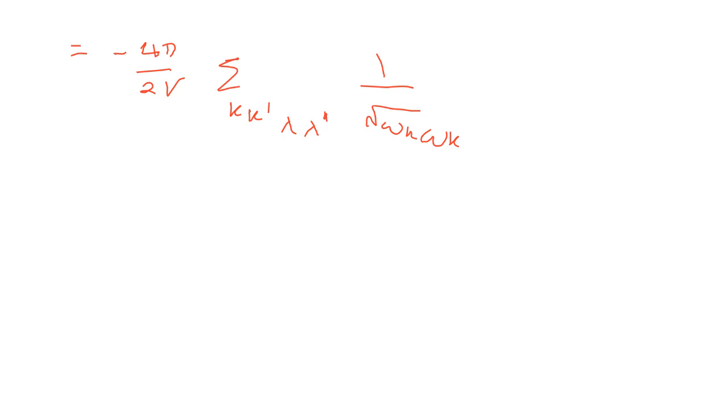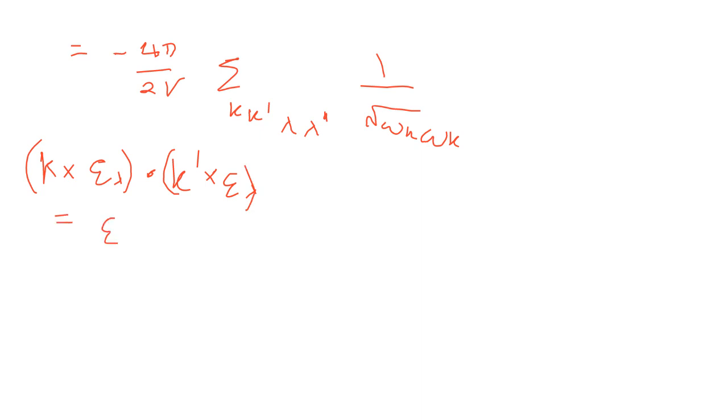Okay, so you have to make use of the identity. Might as well just go ahead and do this. So you had k cross epsilon dotted with k prime cross epsilon lambda. You still have to do this type of computation.